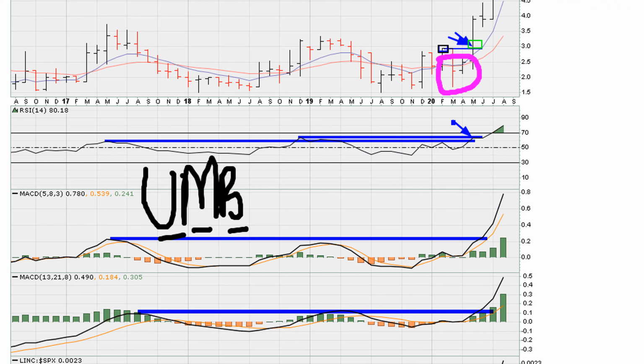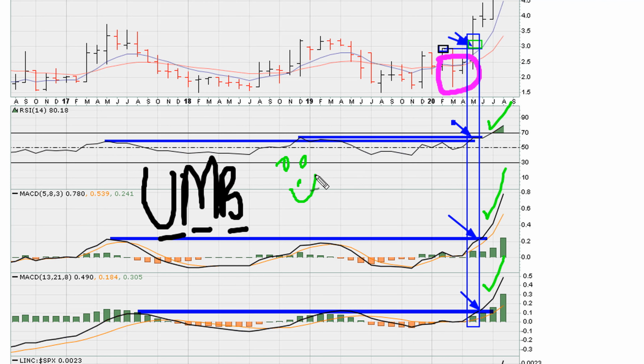And to be clear, we are taking a look at this from the month of May, which is right here. And we can see that both, if not one of the MACDs, was moving to 3-year highs. So minimum requirements met as far as the ultimate Muathe breakout is concerned.